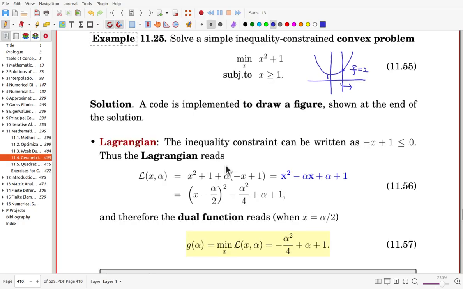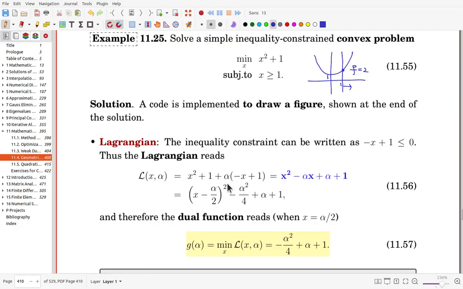Let's begin with the Lagrangian of the problem. The inequality constraint can be written in this way so that the Lagrangian can be defined in this way, which is the same as that one. Now if we manipulate it, we get x minus half alpha squared and these terms.